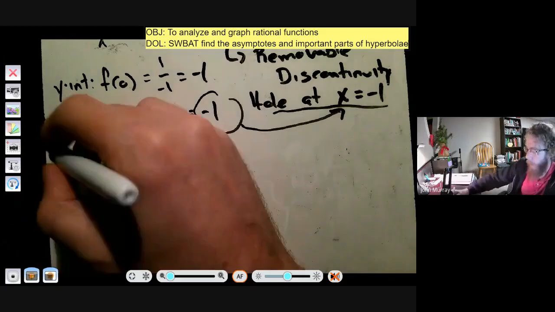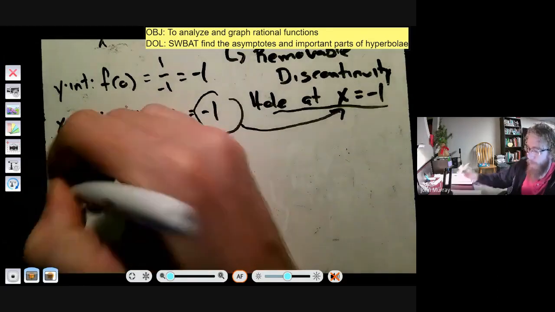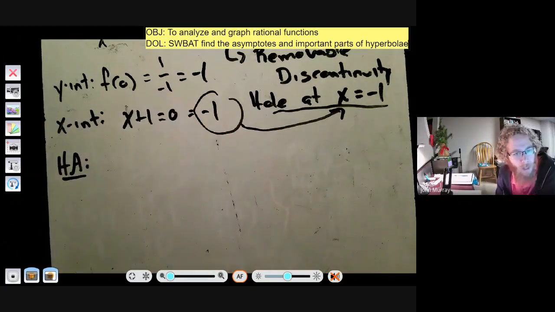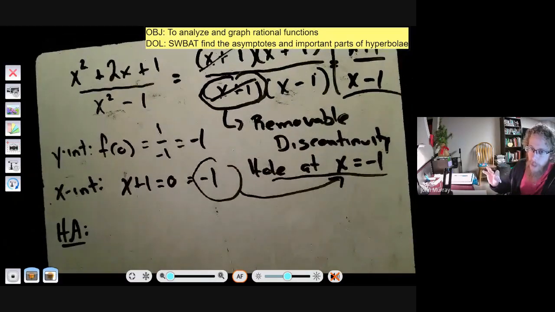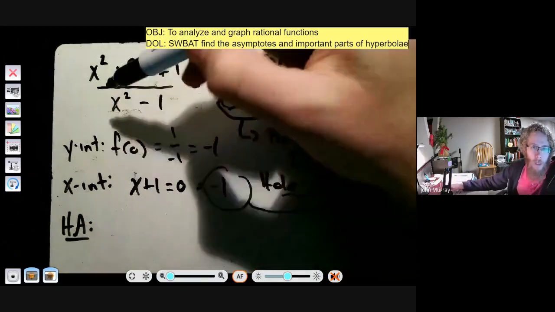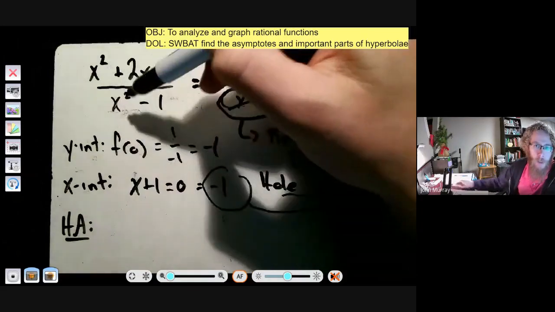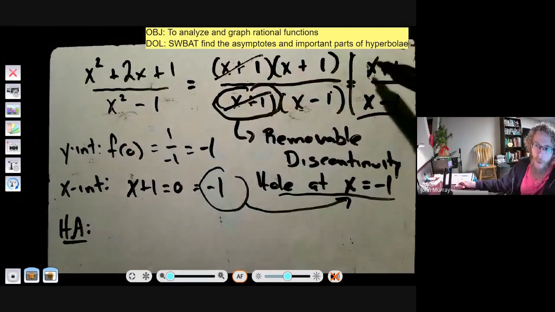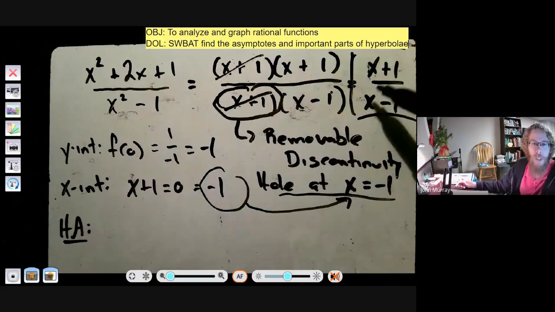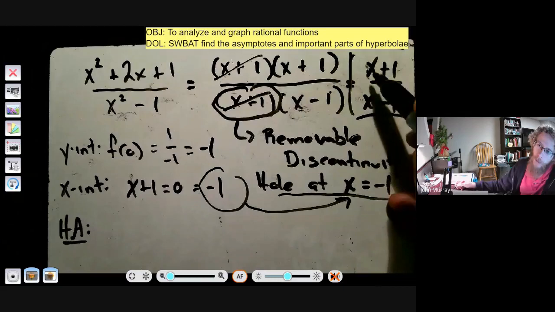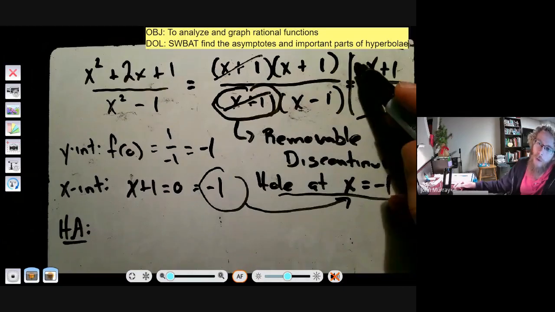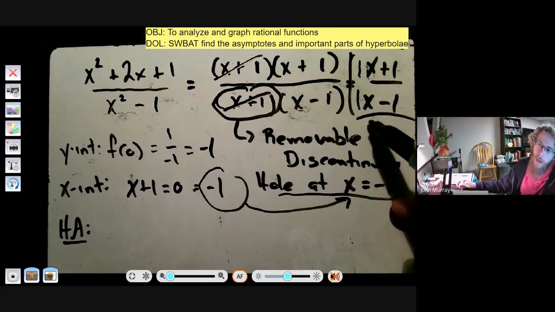The next question I asked you was the horizontal asymptote. So remember the horizontal asymptote, we have to look at our rule. We have our three situations. Here, my exponents are the same. Here, my exponents are also the same. It doesn't matter, okay? So since the exponents are the same, we're looking at the coefficients of our highest power.